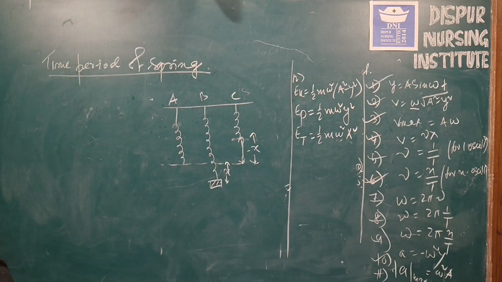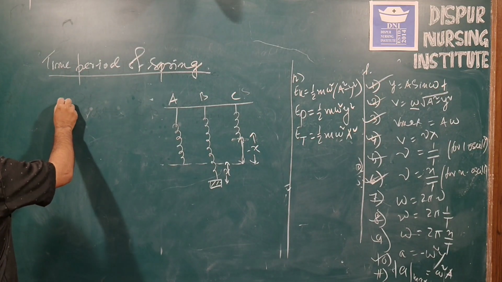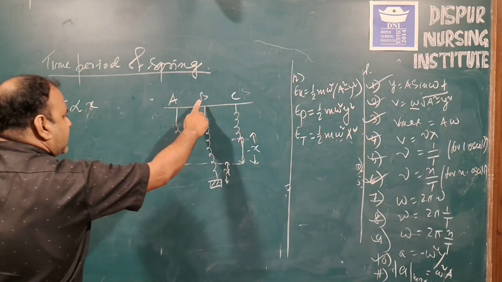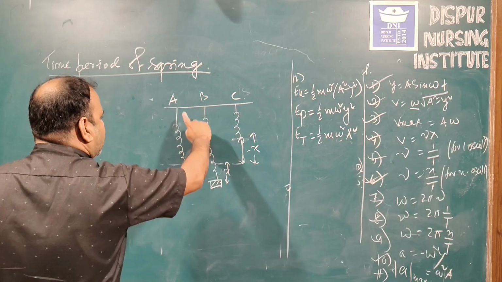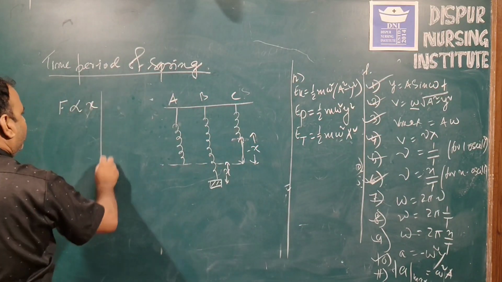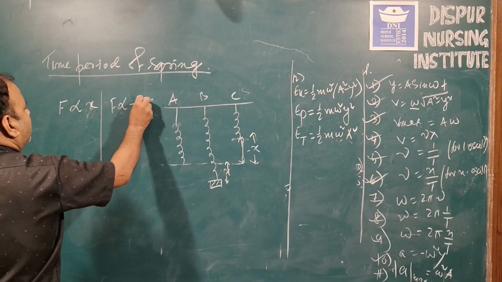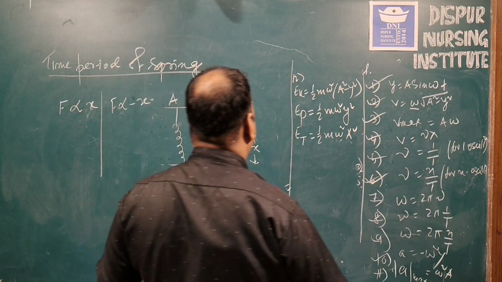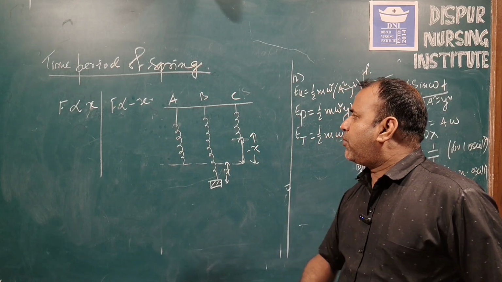So that is why you remember in these explanations we can use two types of condition. Force is directly proportional to X in this case, but in this case we can write force is directly proportional to minus X. So both the conditions are applicable and both are very important.